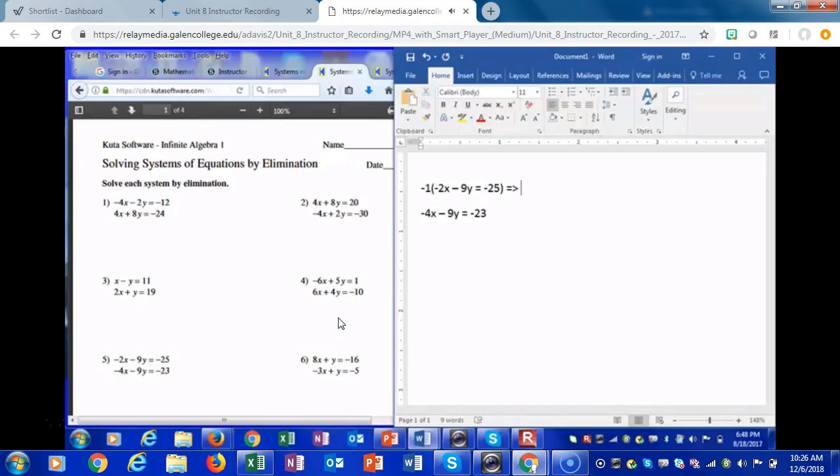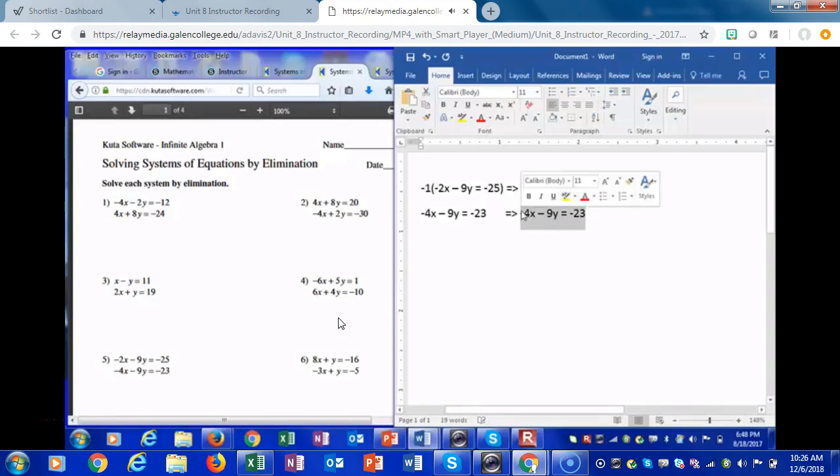So we have negative 1 times negative 2x is just 2x. Negative 1 times negative 9y is just 9y. And that equals negative 1 times negative 25 equals 25. And then bring down negative 4x minus 9y equals negative 23.